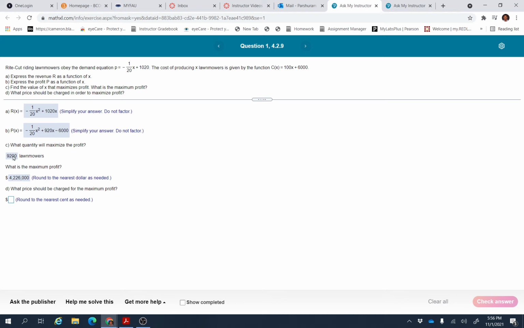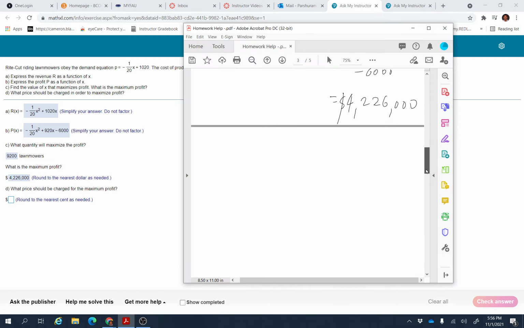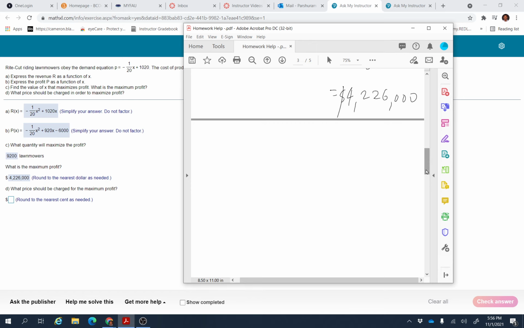And that answer is 9200. So if x is 9200, what is the value of price? That comes from here. So just plug in x equal to 9200. So the price is 1 over 20 times 9200 plus 1020.